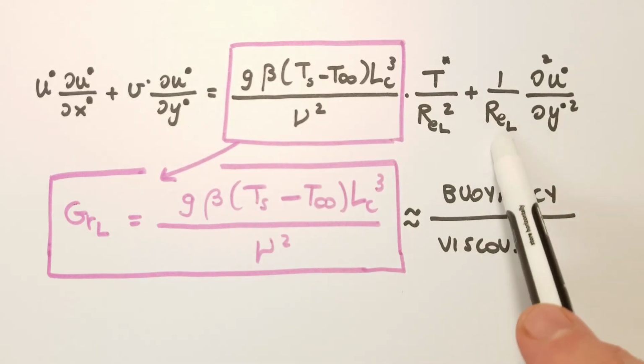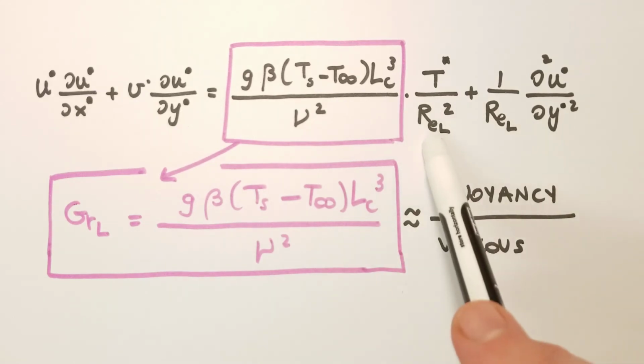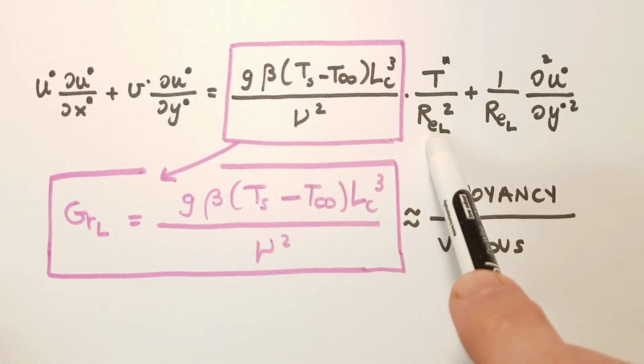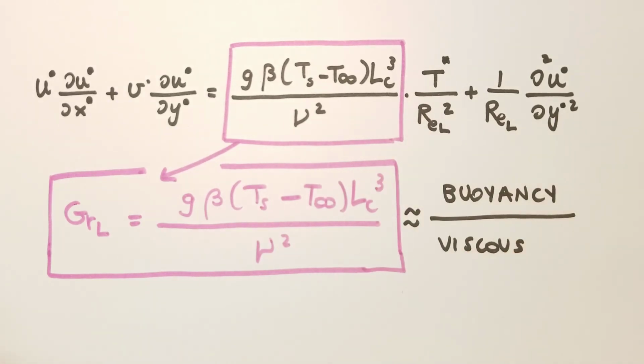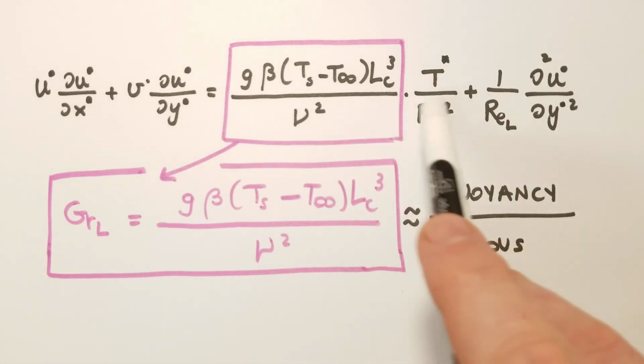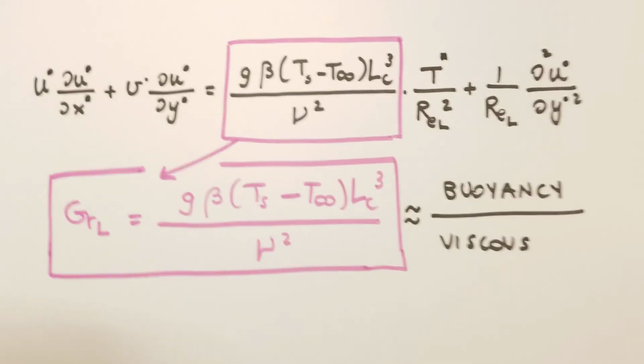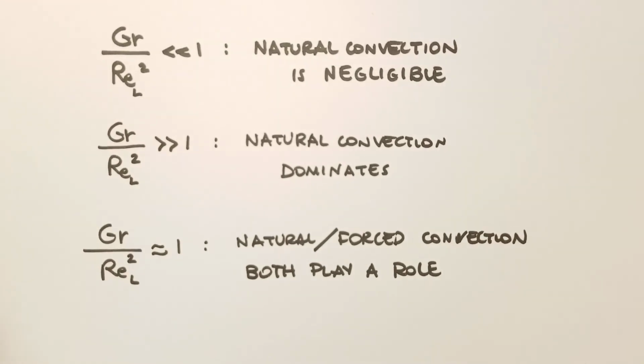We note here we also have a Reynolds number, and in the buoyancy term, we have the Reynolds number squared. So we can compare the Grashof number with the Reynolds number squared to see how important the buoyancy term is in the general free convection.